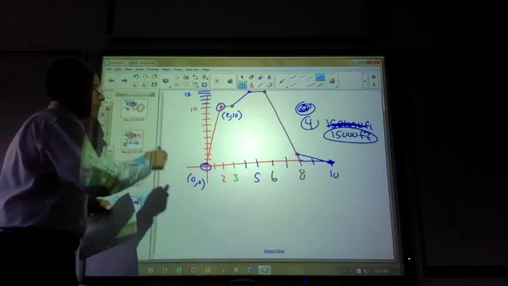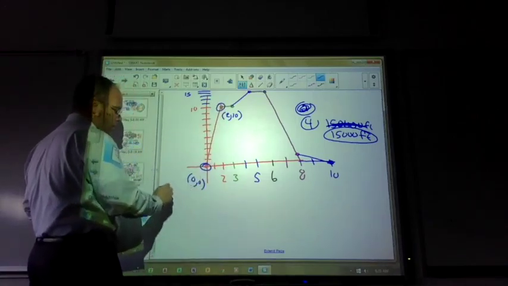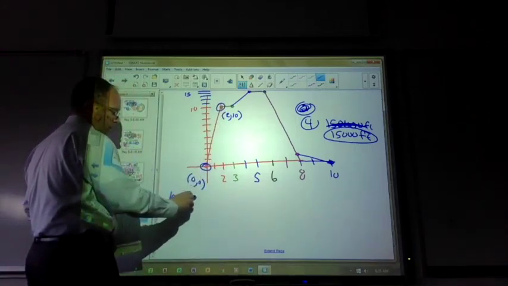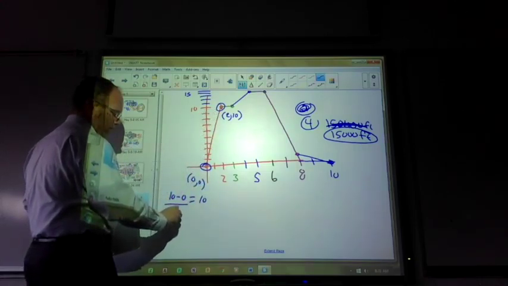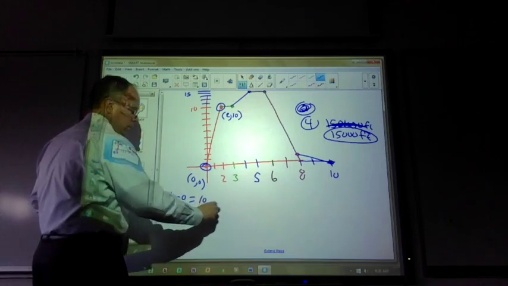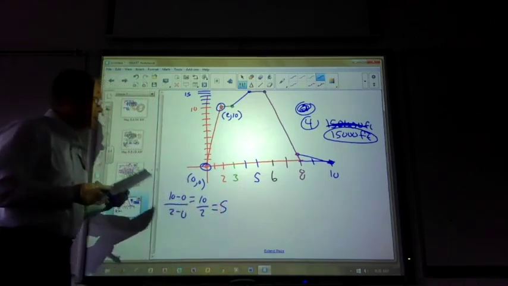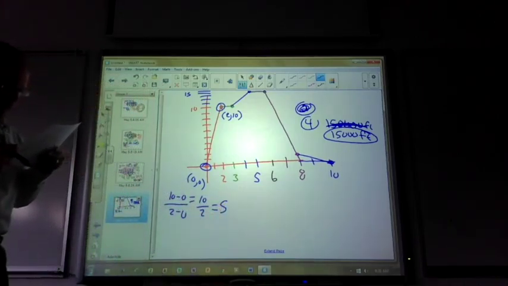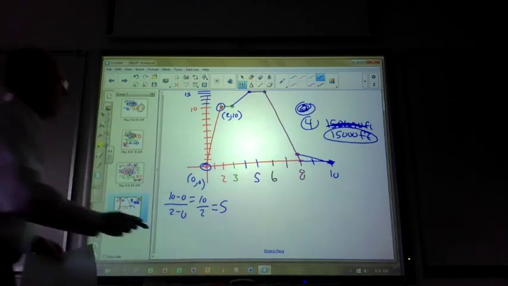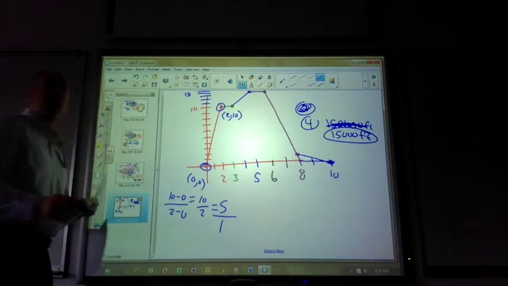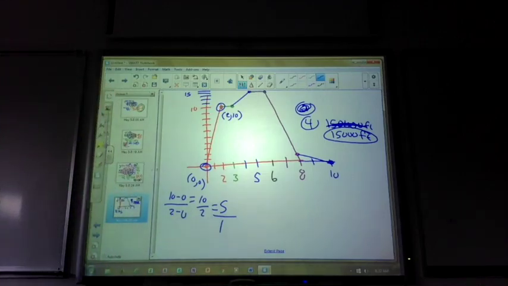We're finding the slope. We're going to go 10 minus 0 over 2 minus 0, which is 5. So they are ascending 5,000 feet for every 1 hour of climbing at that particular rate.